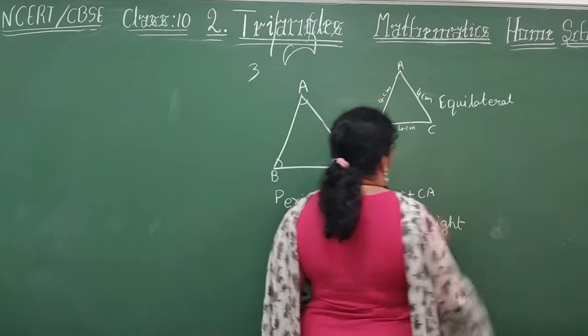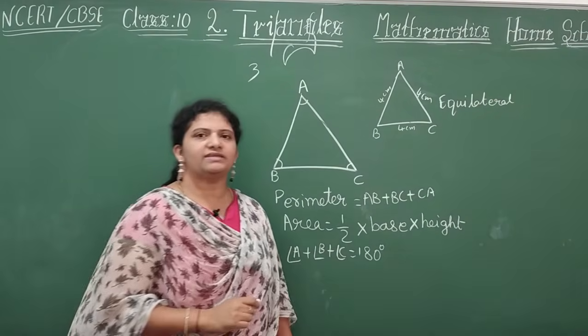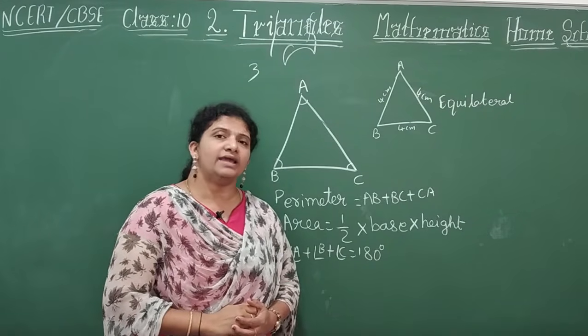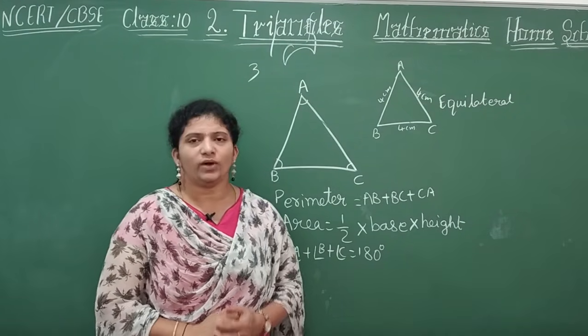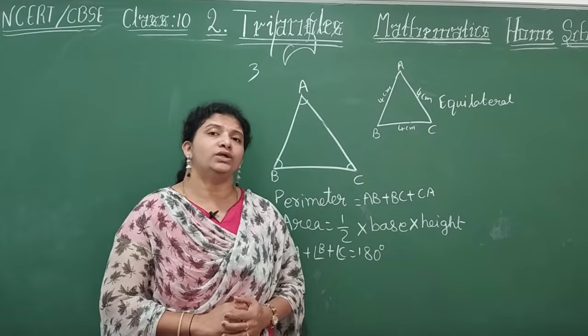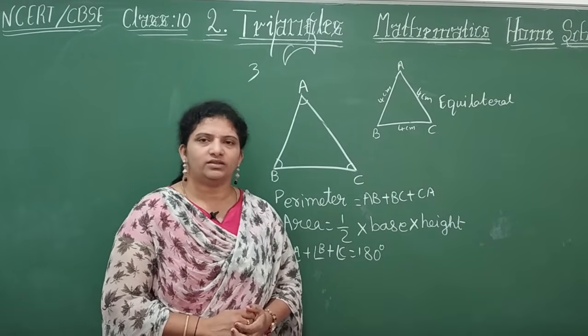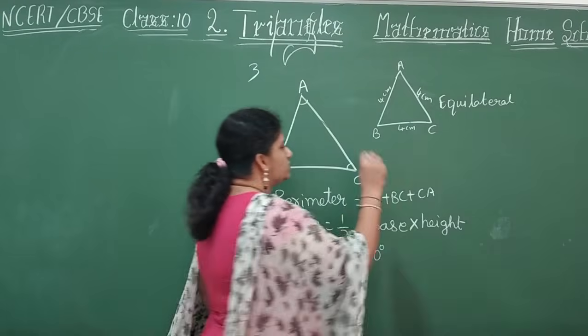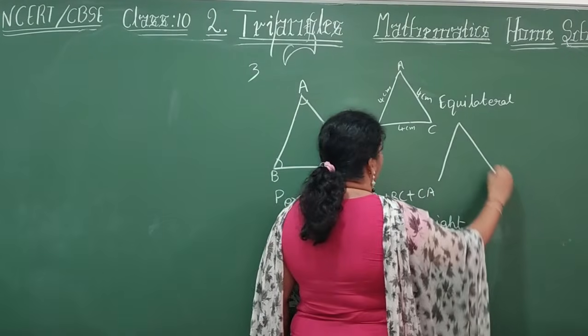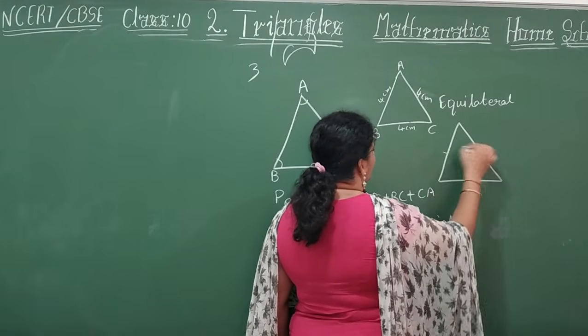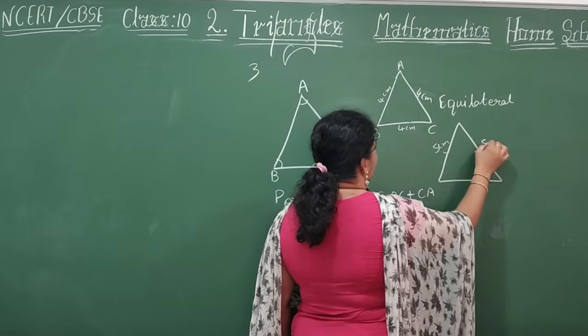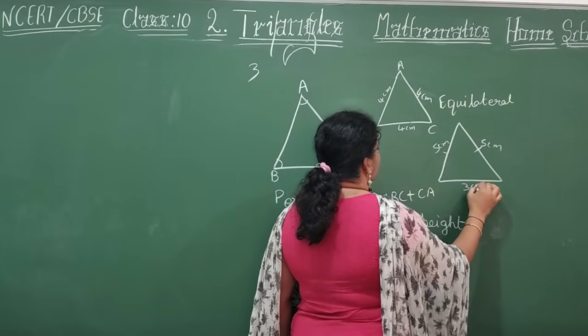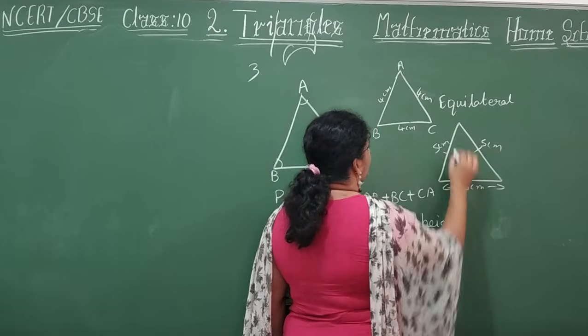Equilateral triangle. Then coming to your next triangle, isosceles triangle. What happens here? Only two sides are equal. The third side is not equal. So let's take an example here. Let it be 5 centimeters, 5 centimeters, and this might be 3 centimeters.